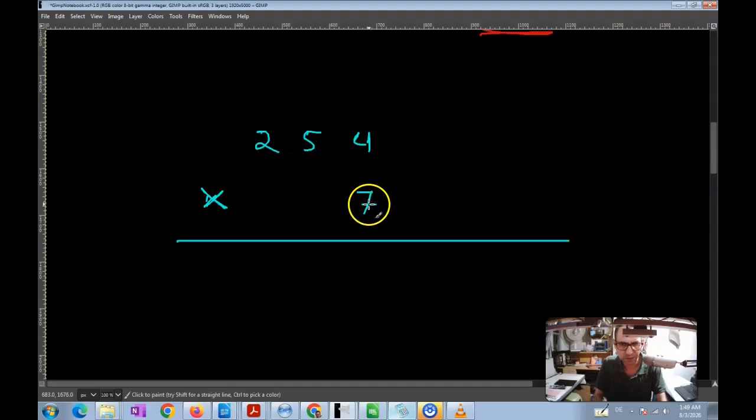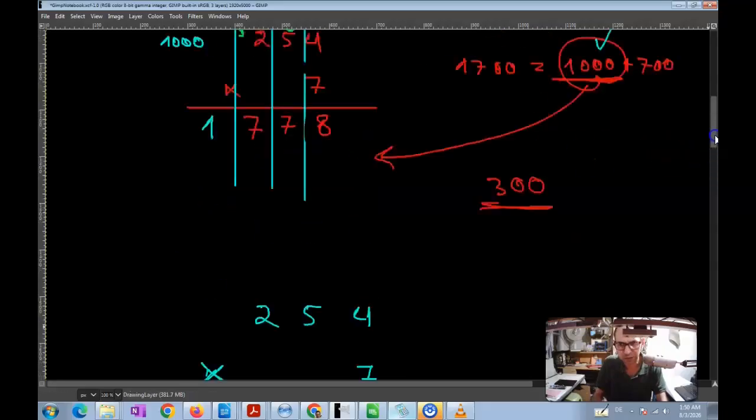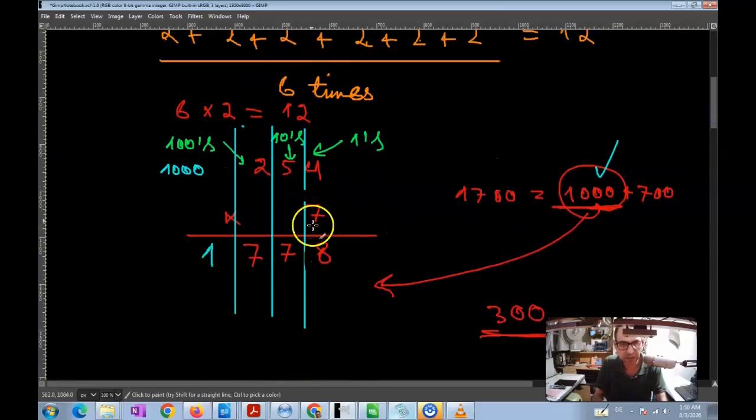Now if I multiply the 7 by the 4 over here, 7 times 4 is equal to 28. I'm not keeping track of any place values or anything like that. That was just for the sake of understanding this algorithm over here.